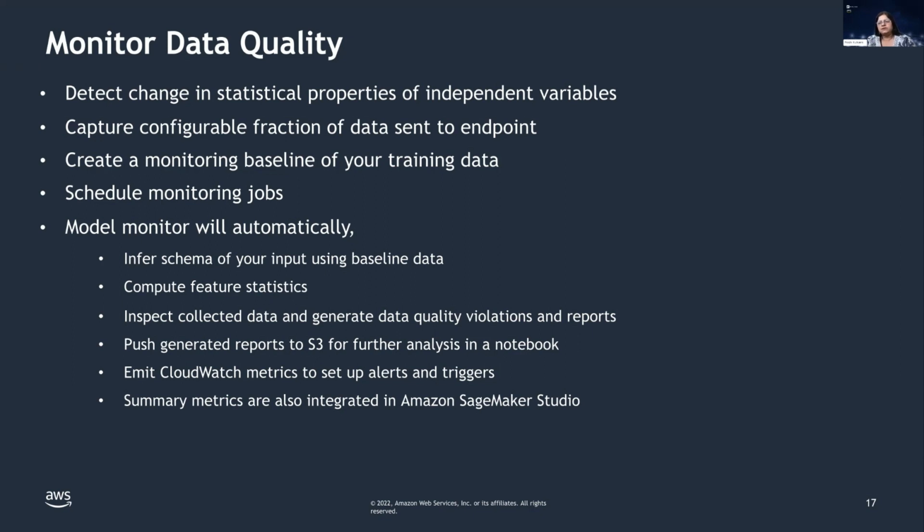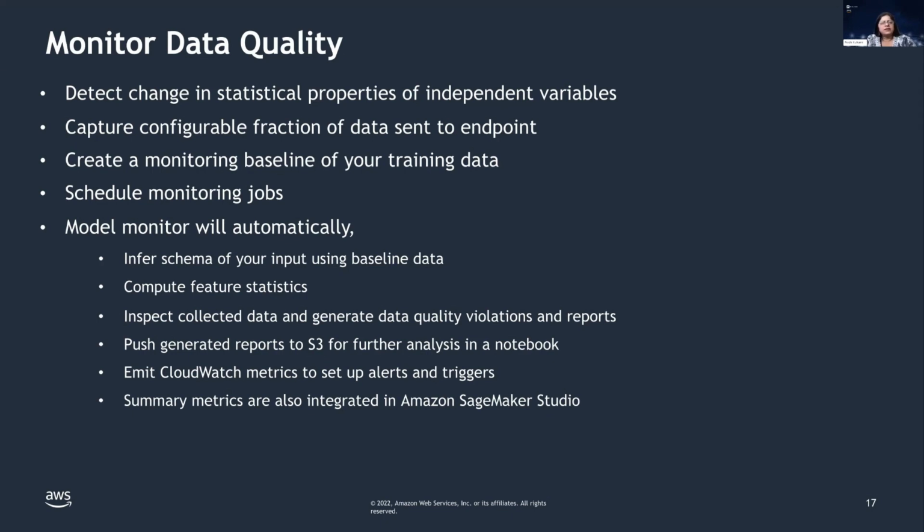You should not have the instance utilization above 70%, because many times SageMaker tends to reduce the data capture if the instance utilization is above 70. And then of course the model monitoring effectiveness goes down. So these are some of the best practices.